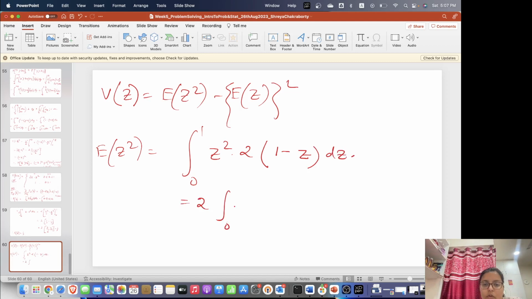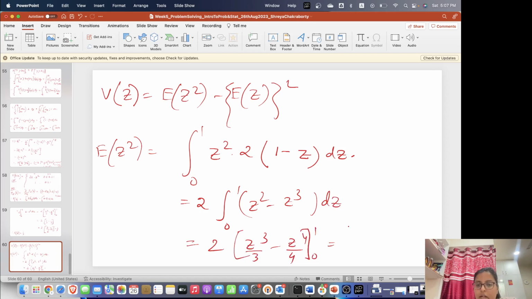We would have 2 times the integral from 0 to 1 of (z square minus z cube) dz. So we have 2 into (z cube by 3 minus z to the power 4 by 4), 0 to 1, 2 into (1 by 3 minus 1 by 4).